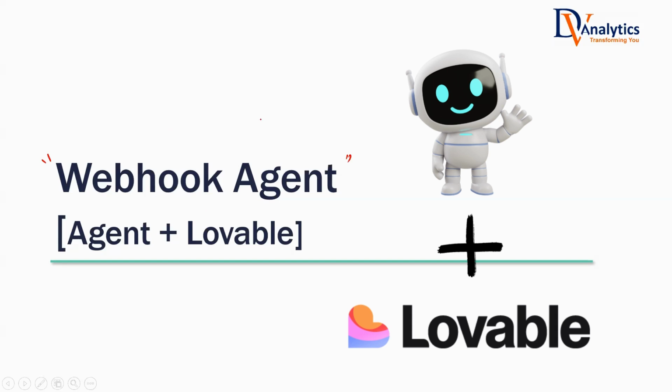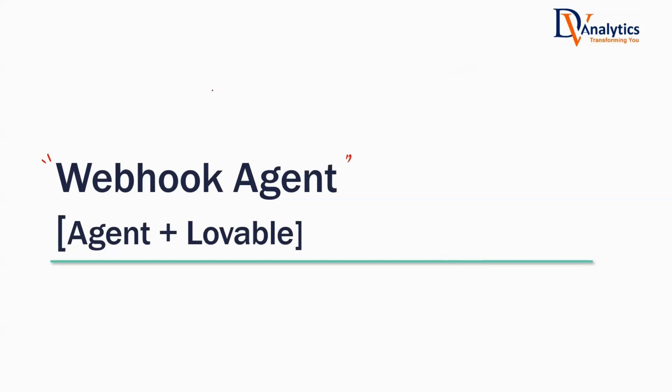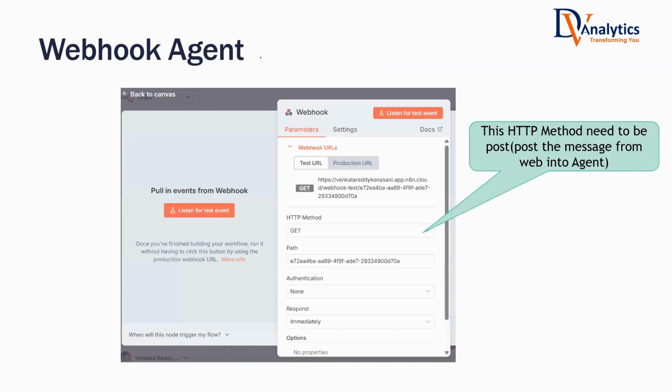Before I get started with n8n, I would like to tell you the whole plan so that you're aware of what we are doing. Then I'll explain you one by one node and the workflow. So for this, we first start with the webhook agent. What this webhook agent does is, you have the front end. If somebody types in the front end website, this webhook agent will get that message and give it to our agent.